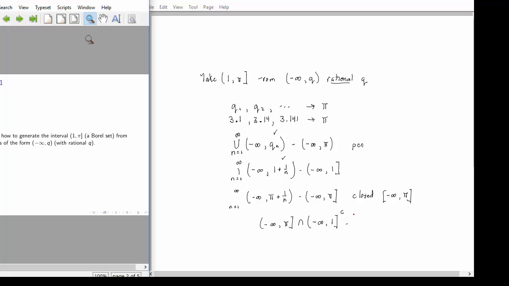This doesn't include any number that is less than 1 because when I take the complement of this set, I get only numbers that are 1 or larger. It doesn't include any numbers that are larger than pi, but it does include pi, and we've done it.